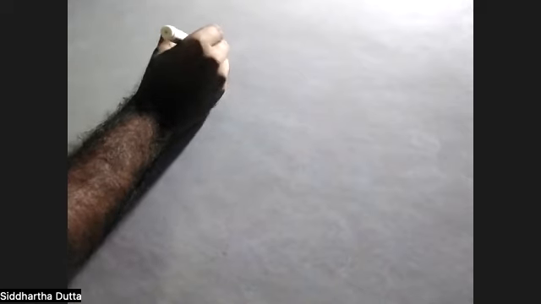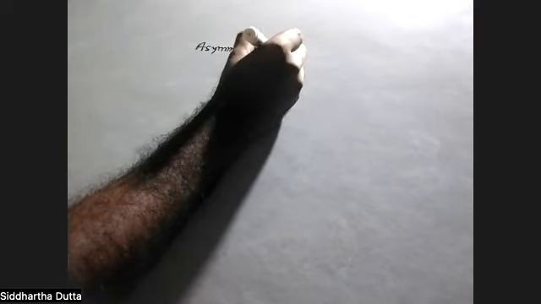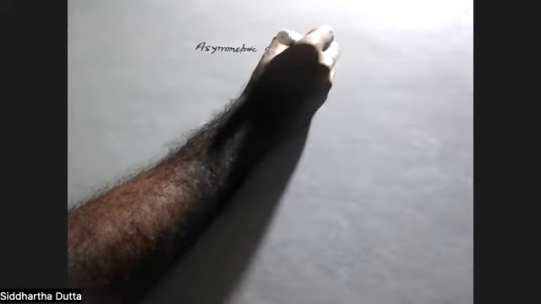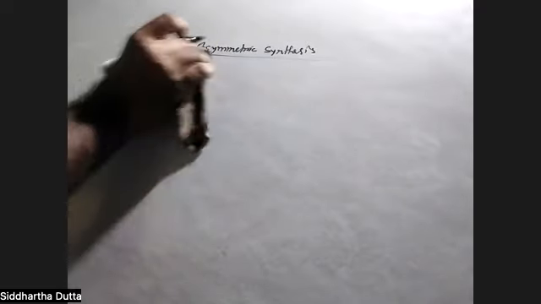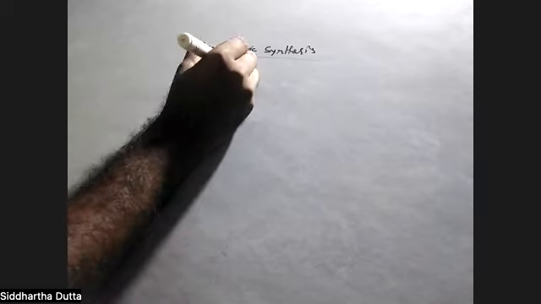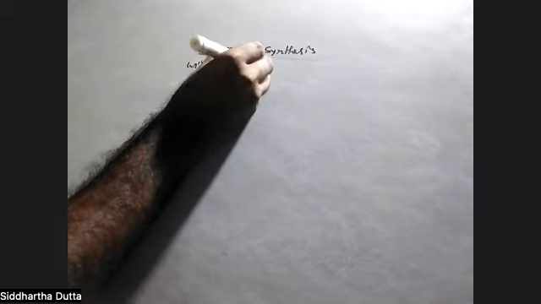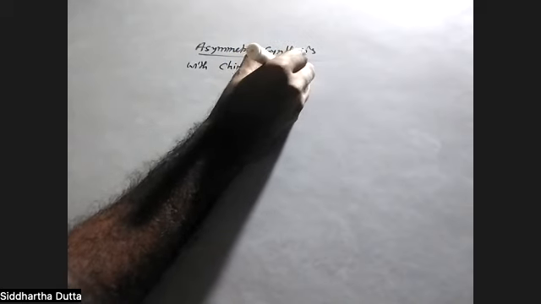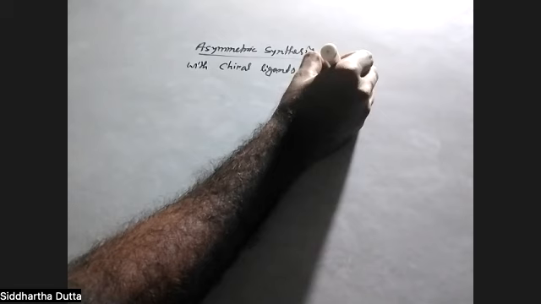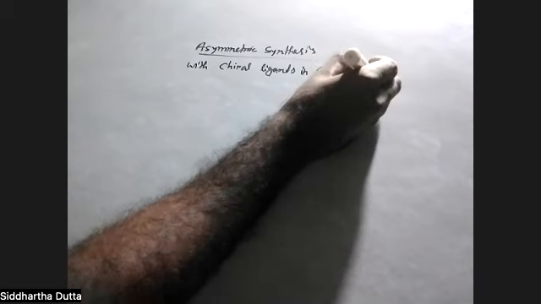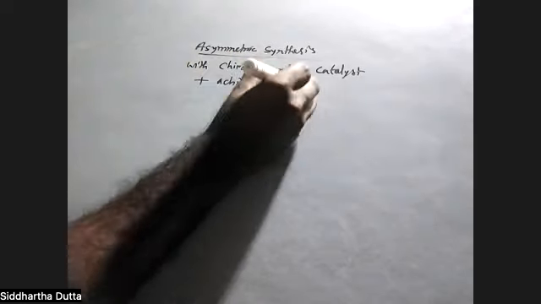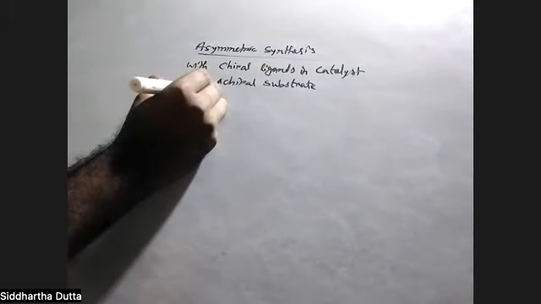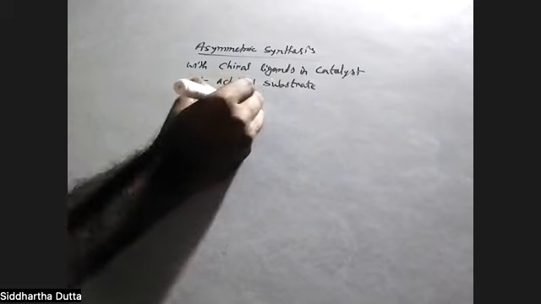Asymmetric synthesis mainly follows with a chiral ligand in the catalyst plus an achiral substrate forms a stereoselective product.